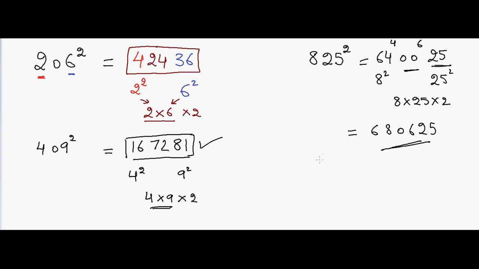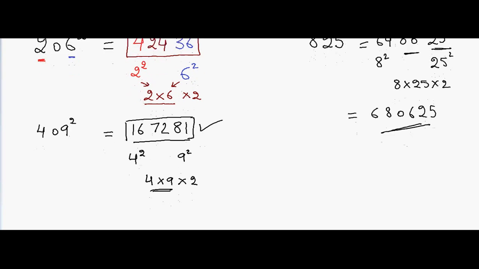Now let's look at how this trick works. Any three-digit number can be written in the following form: 100x plus y. So if x is equal to 3 and y is equal to 6, then it will be 306, right?